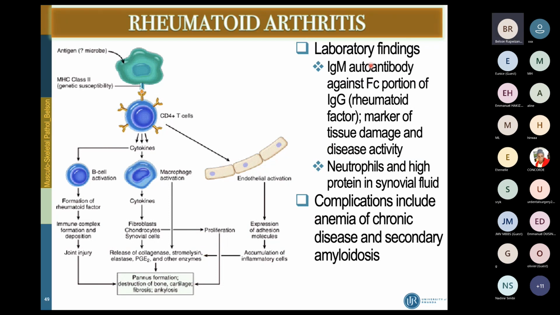So laboratory findings: there will be IgM autoantibodies against the Fc portion of IgG. This is what we call rheumatoid factor.